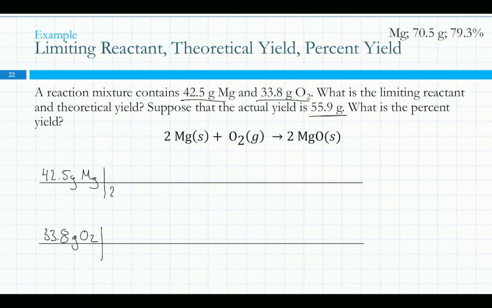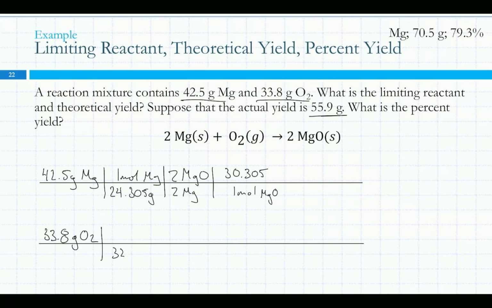So this was 24.305 as 1 mole. And then that's 2 magnesium to 2 magnesium oxide. And then this would be 40.305, 1 mole.